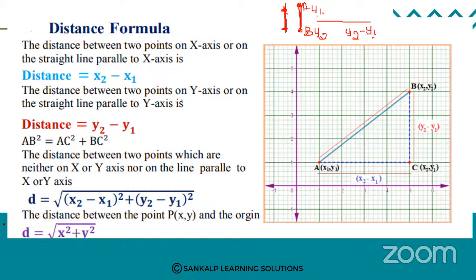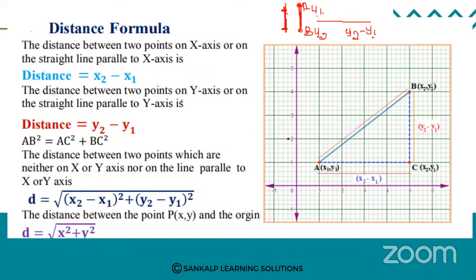Now the distance between 2 points which are neither on the x-axis or y-axis nor on a line parallel to the x or y axis. Our points are neither on the x-axis nor on the y-axis, and neither parallel to the x-axis nor parallel to the y-axis. So our point is somewhere else.